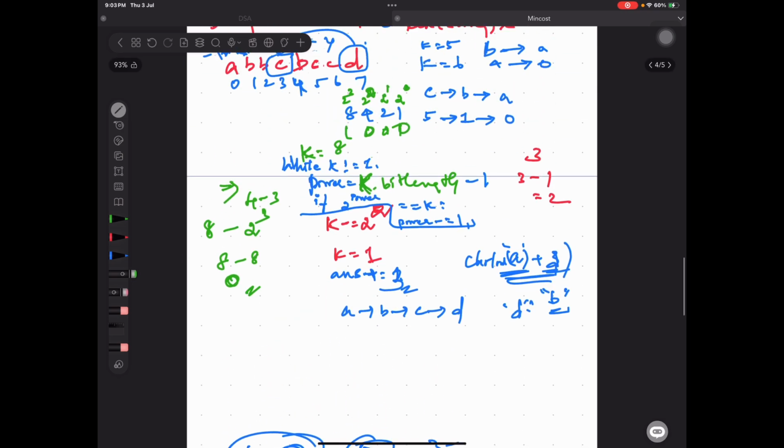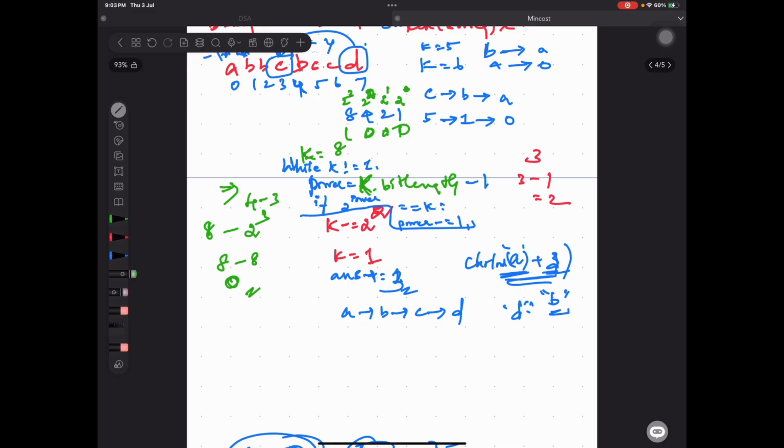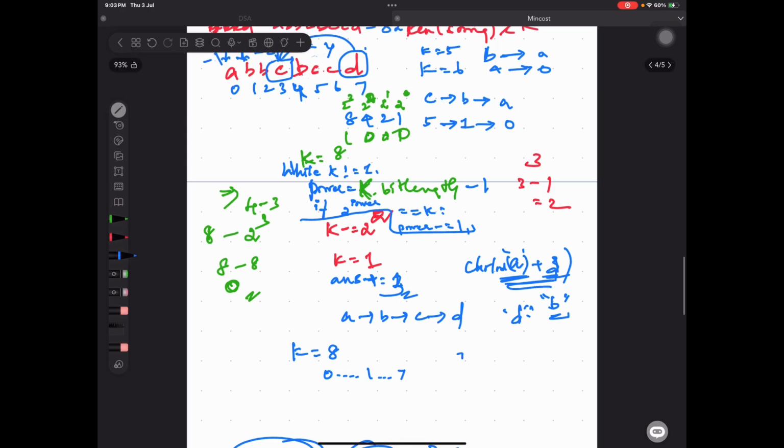So basically if you look into any example, whatever the bit that got set, let's assume for D, for k equals 8, the bit length will vary from 0, 1 to 7, right? So what will be your 1, 1, 1? This is nothing but the number of transitions that we would have done.